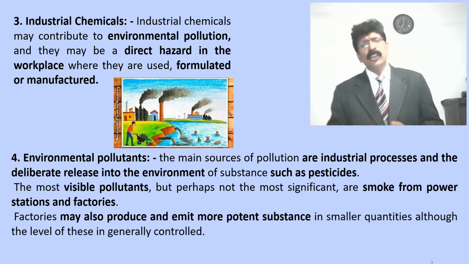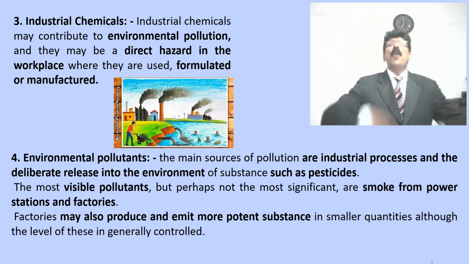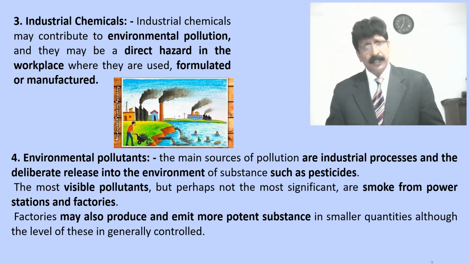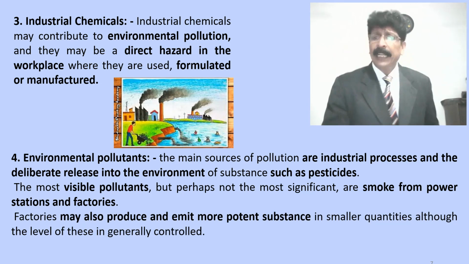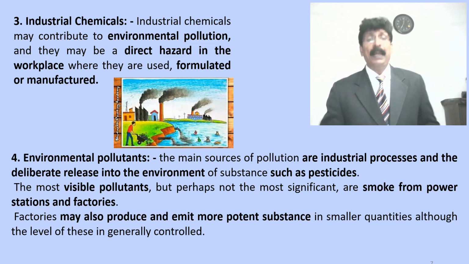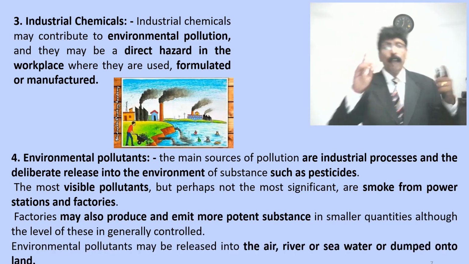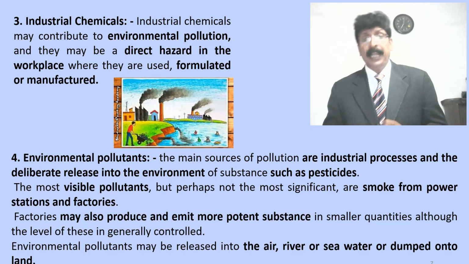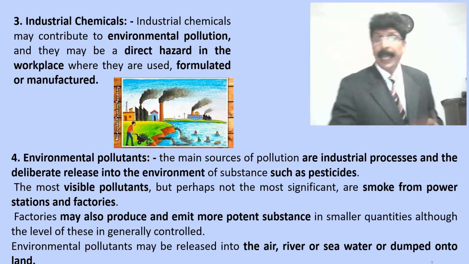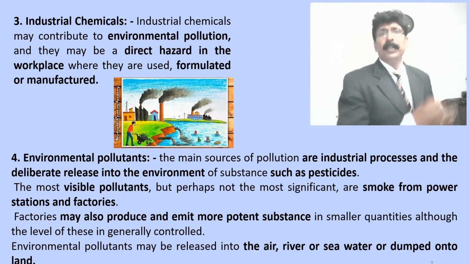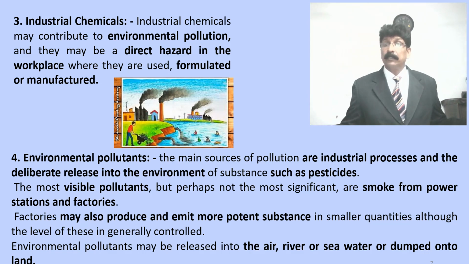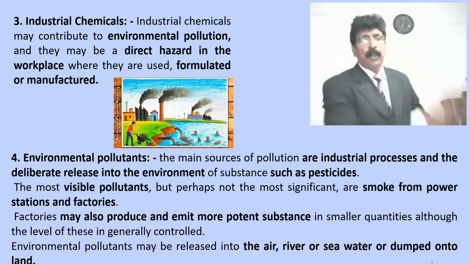Factories may also produce and emit more potent substances in smaller quantities, although the level of these is generally controlled. Environmental pollutants may be released into the air, river, seawater, and sometimes dumped on the land also.